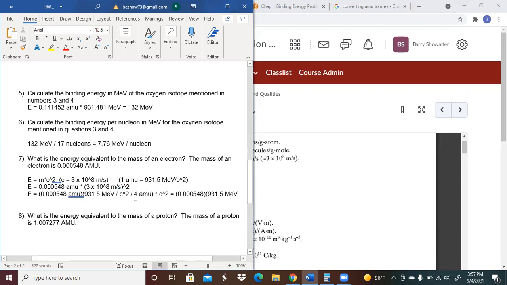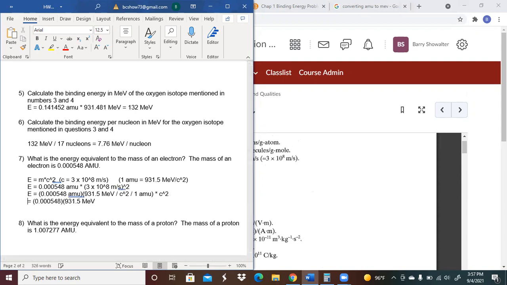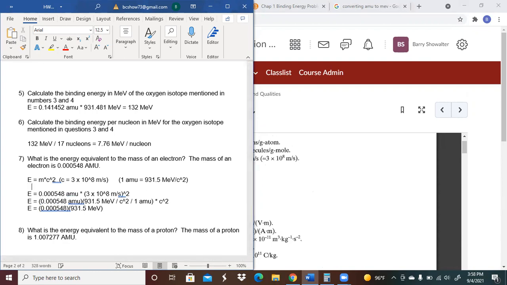Let me spell it out step by step here. Another way to write this is, if I divide both sides by 1 AMU, I get 1 is equal to 931.5 MeV over C squared.